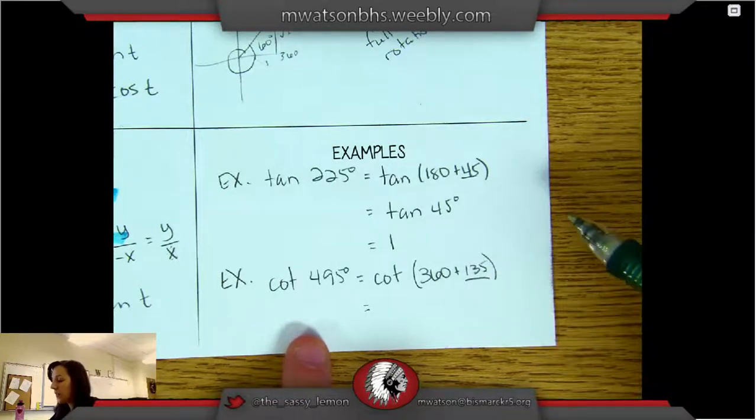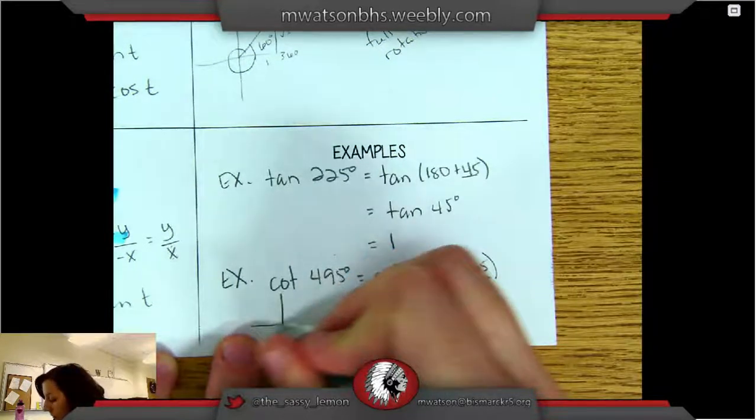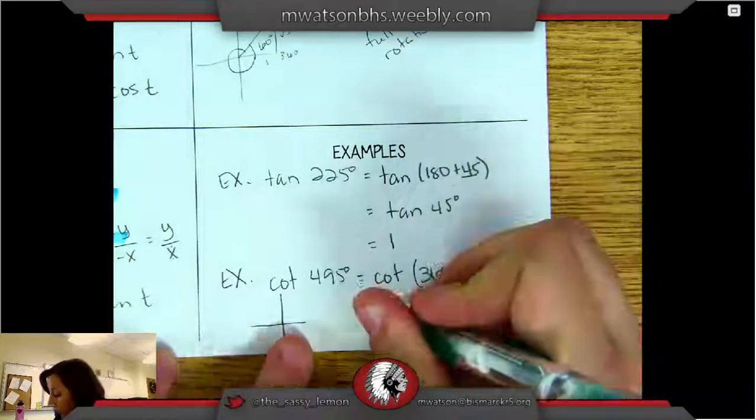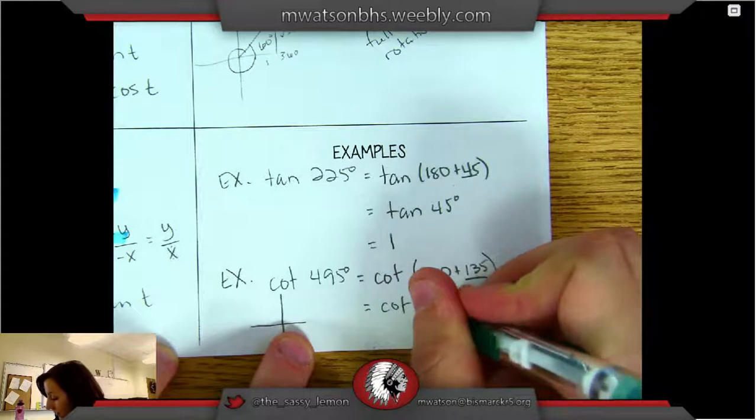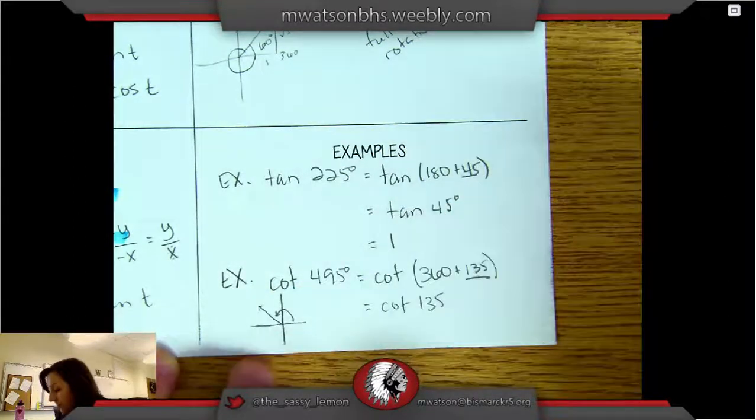Now for this one, it's kind of silly because that means we're actually going to have to draw a quick reference angle. So it might be better just to draw your reference angle from the first place. Because now we have to draw a reference angle for 135, which is going to be about right here.